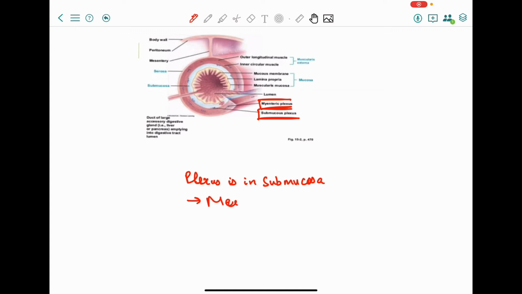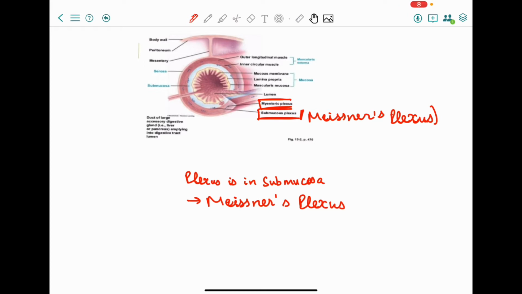It is called Meissner plexus. So the other name of submucosal plexus is Meissner plexus. Remember that. Okay? It is Meissner plexus.